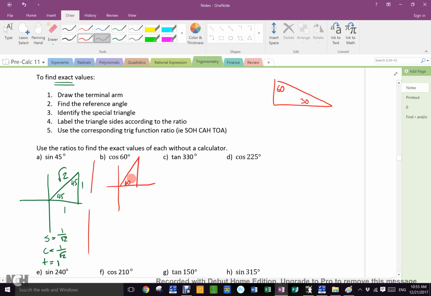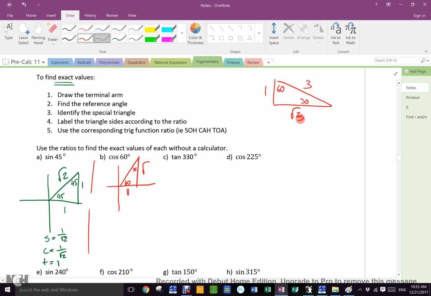Making this my 60, correct? Now, you guys are smart kids. If this is my 30 up here, and I know this triangle is 1, √3, 2, you should be noticing that the 1 is always across from 30, because that's the smallest side, right? So what does that make this distance right here? 1. What does that make this distance here?